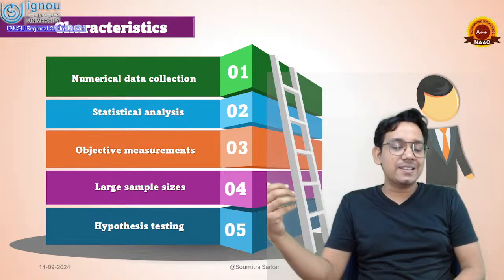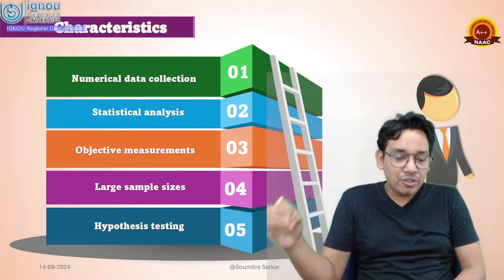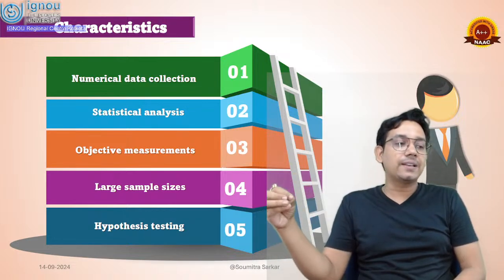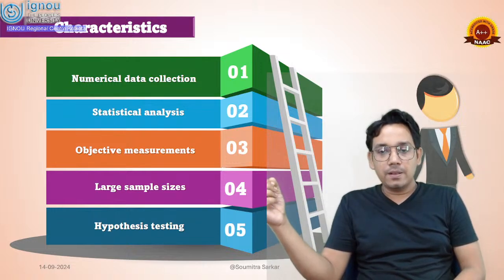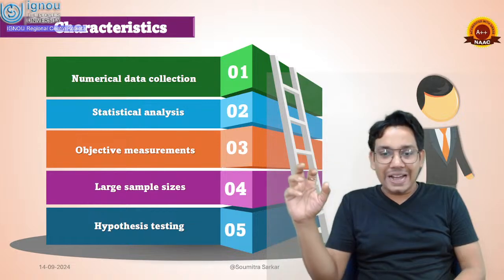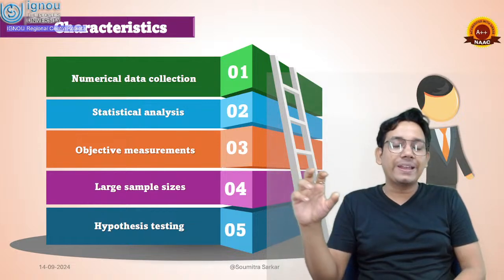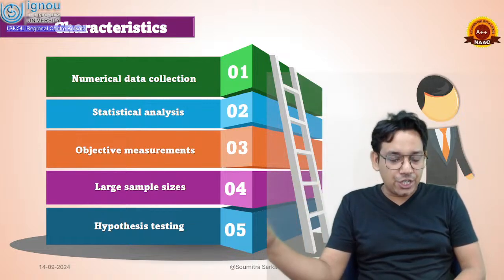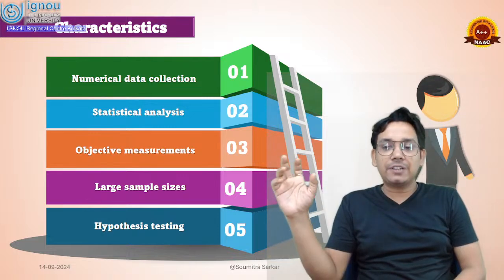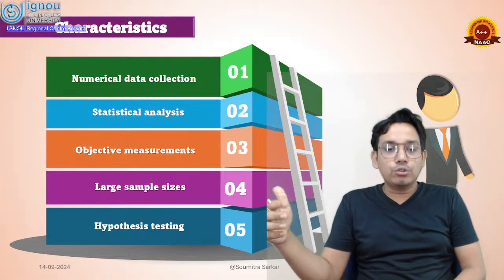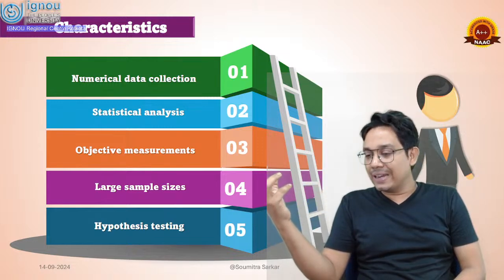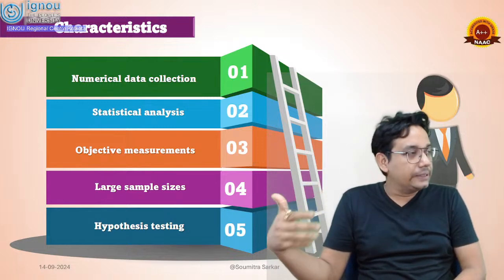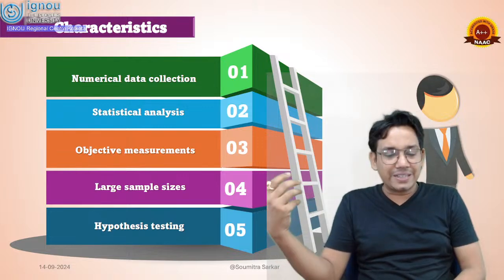Quantitative data can be analyzed through various statistical tools such as SPSS. We can put the entire data into SPSS, or we can put the data into a spreadsheet or Excel sheet, and after that we can analyze the data by the use of some commands. We can get descriptive statistics.